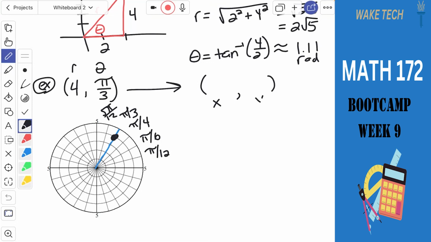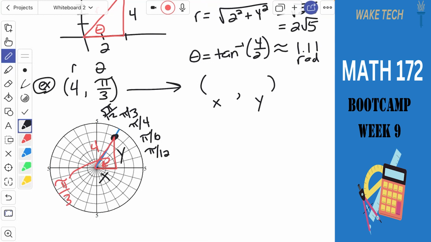Well, what if we do the same thing here? What if we take this same point and turn it into a right triangle? We know that the length of the hypotenuse here is 4. We know that the angle on the inside here, I'm going to draw it, is pi over 3 radians. What we would like to figure out is the x value and the y value.